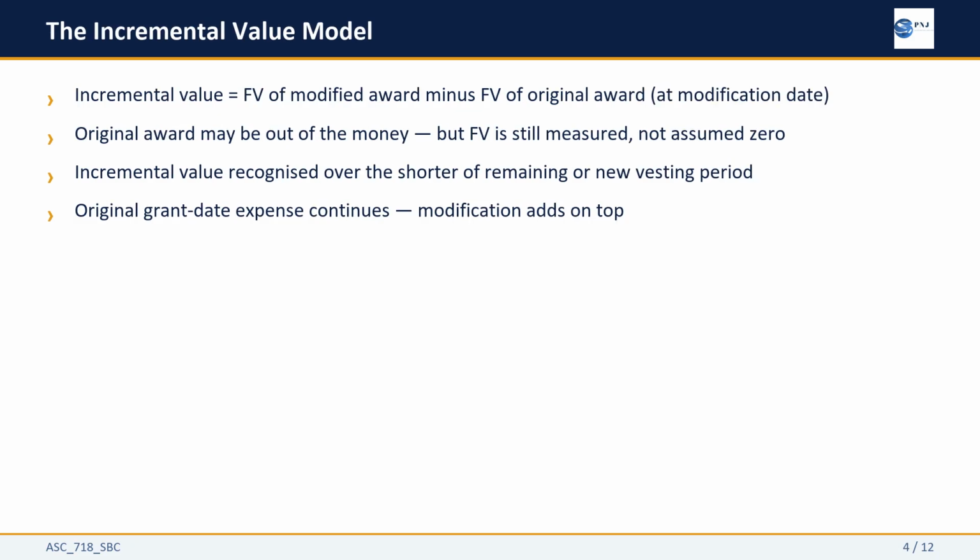The formula is clean, but the application requires care. Incremental value equals the fair value of the modified award minus the fair value of the original award, both measured on the modification date. Notice that you measure both sides at the modification date, not at the original grant date. Even if the original option is deeply out of the money and its fair value is close to zero, you still run the model.